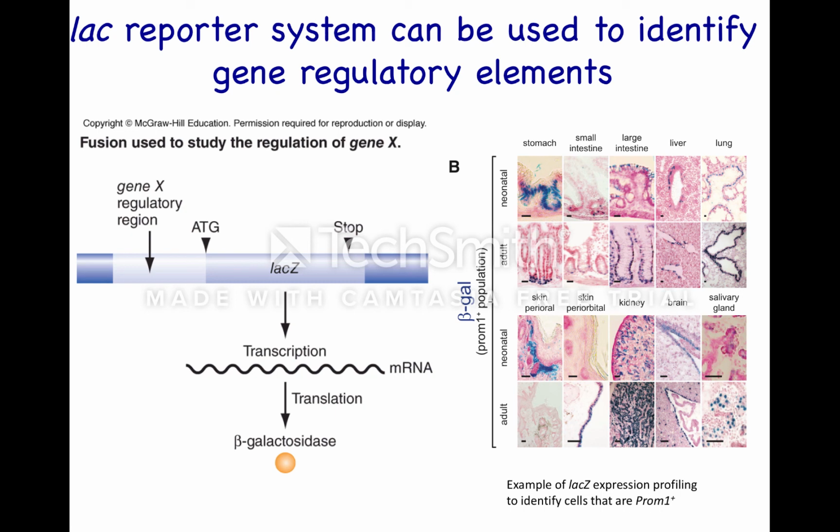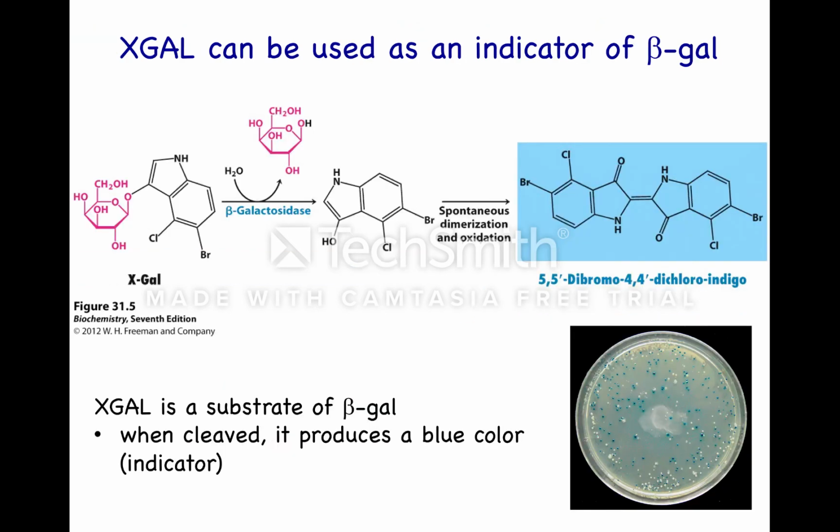And so what they did is this: they fused the PROM1 promoter to a LAC-Z reporter, and then they treated this with this XGAL substrate so that they could see which parts of this mouse had the expression of the PROM1 gene. And they were able to identify which cell types in either the neonatal or the adult were expressing this stem cell gene. Okay, so that's one way that you can use this.